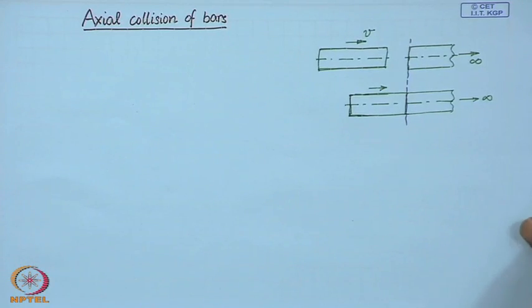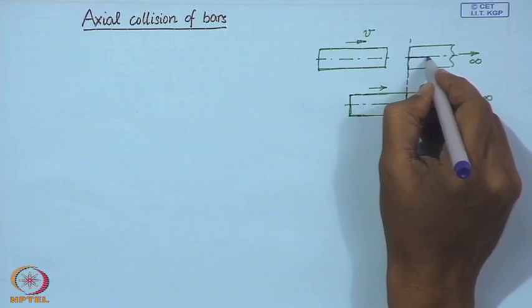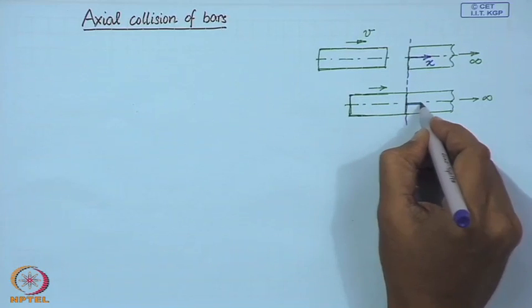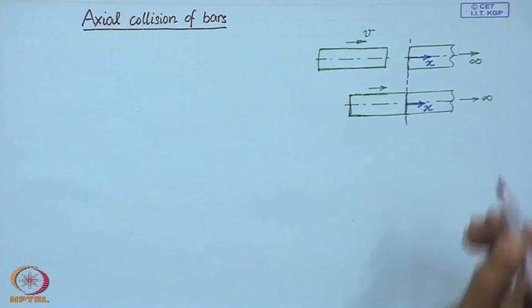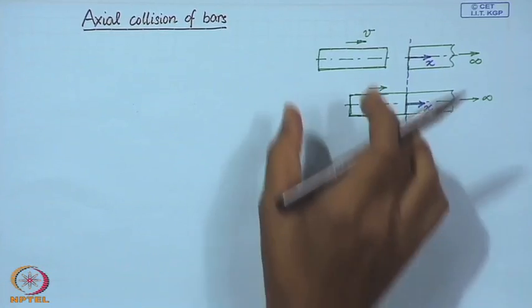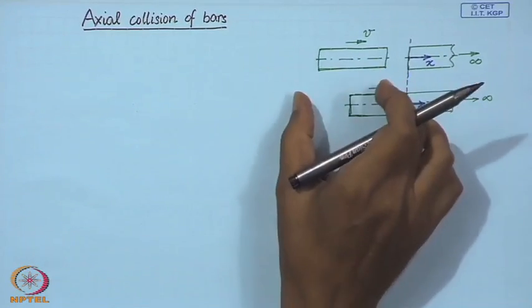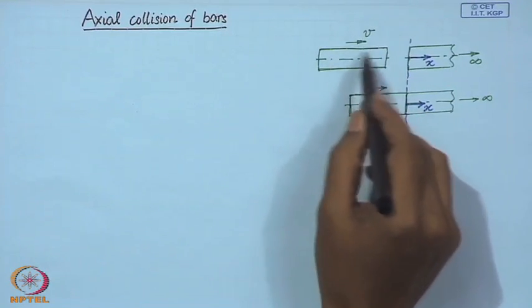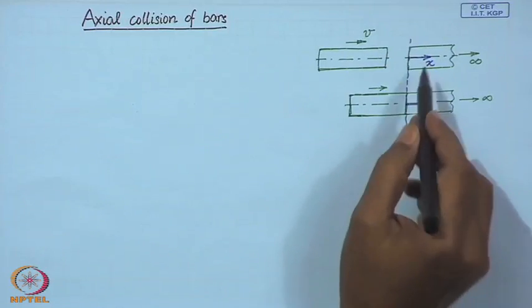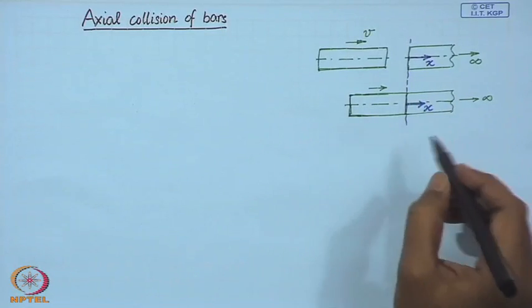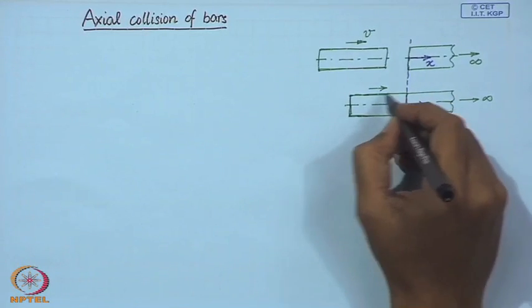We are going to fix our coordinate system at this initial location. So, we consider this uniform finite bar moving with the velocity v and hitting this stationary semi infinite bar, and we assume that all the motion is in the axial direction.